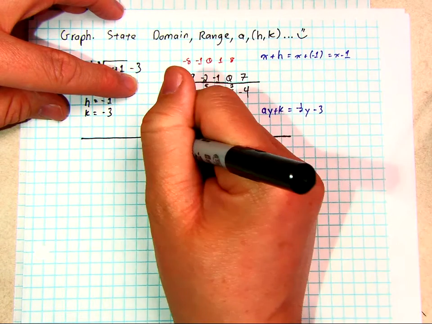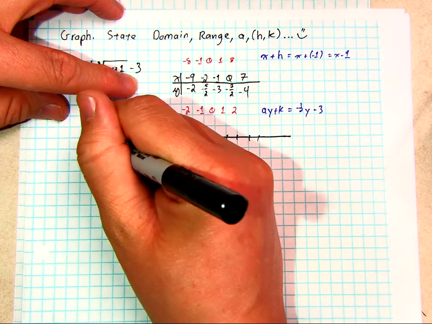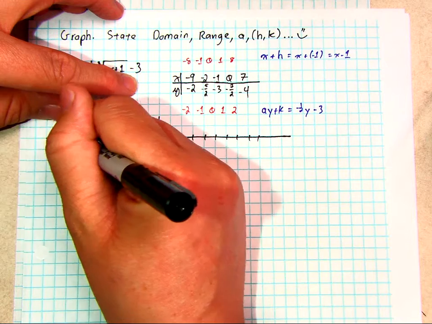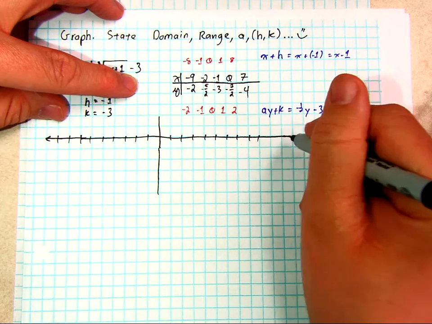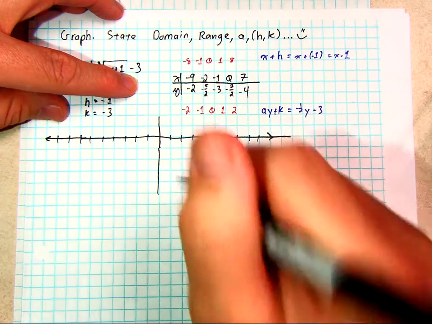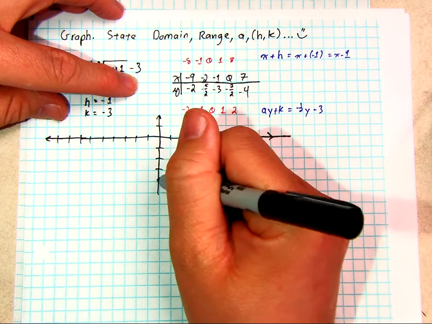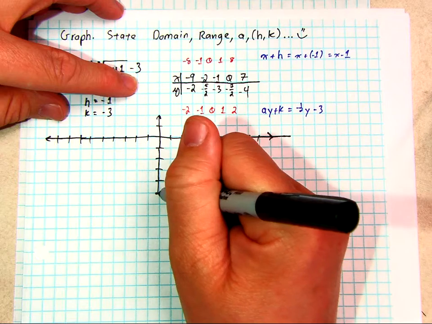One, two, three, four, five, six, 7, 8, 9. So of course you can tell I've actually gone and made my axes too long on one side and too short on the other. Okay, so there we go.